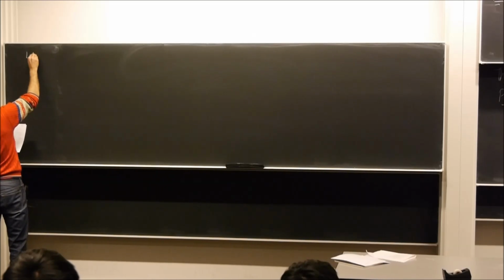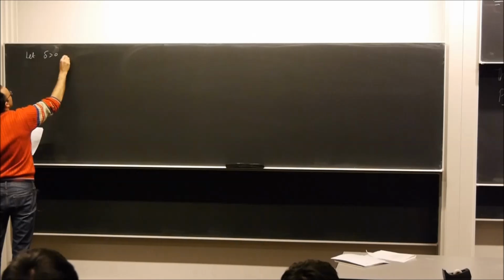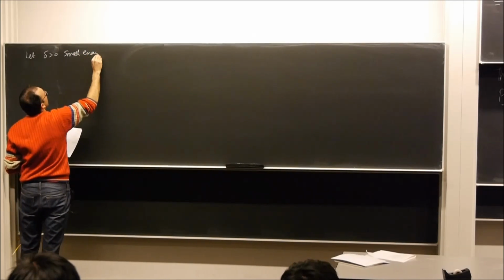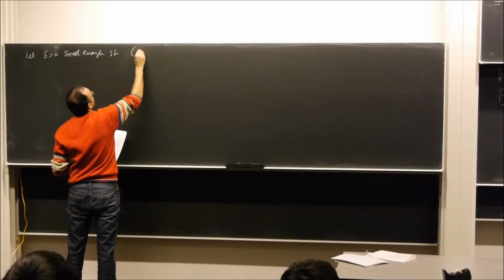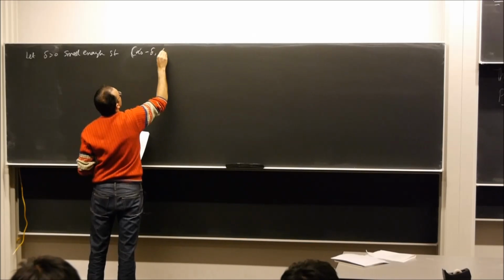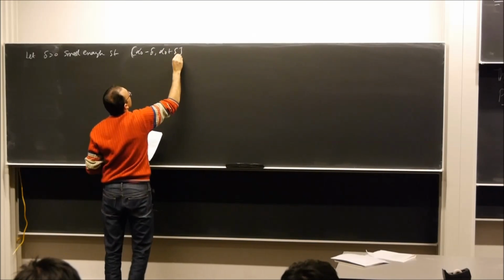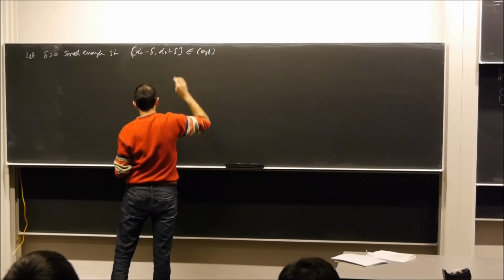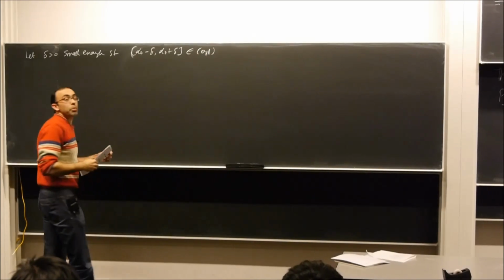Let delta be small enough such that alpha 0 minus delta and alpha 0 plus delta are still in the valid 0 to 1 range, and we can pick that.